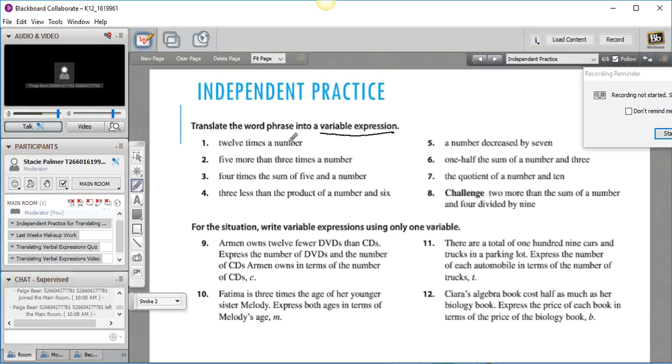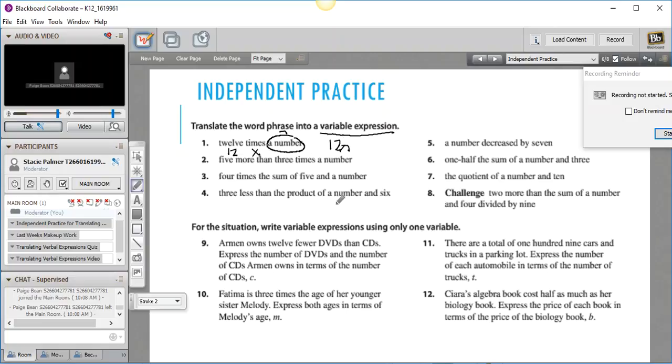Well, obviously we know what 12 is. Times is the same thing as multiplication. And anytime it says a number, that's something that we don't know, so we're going to assign a variable to that. Let's use the variable n. So 12 times a number looks like this.